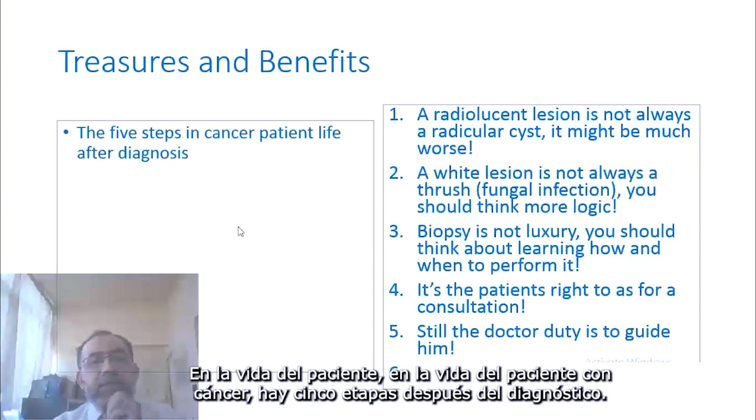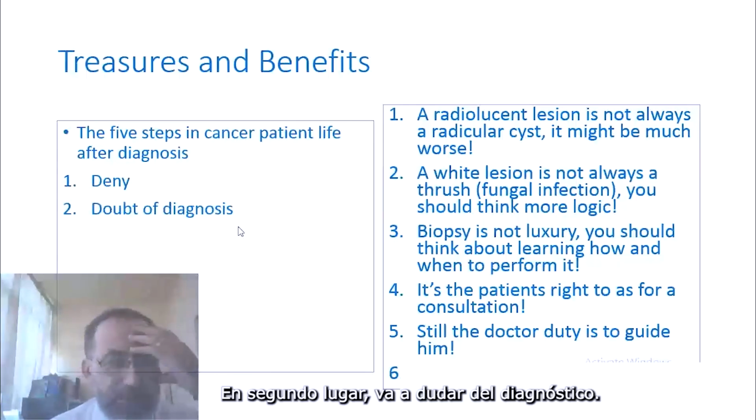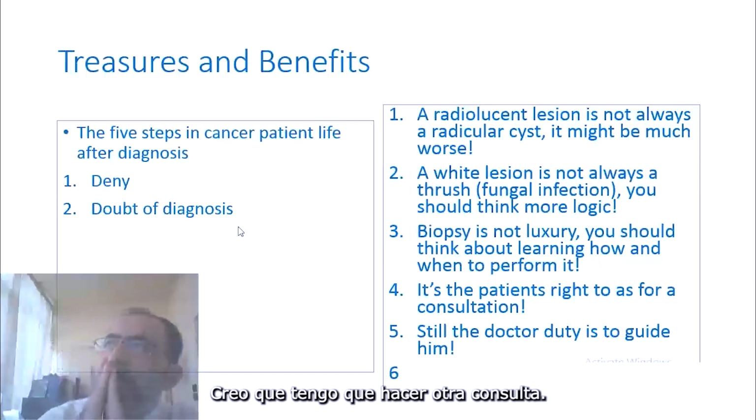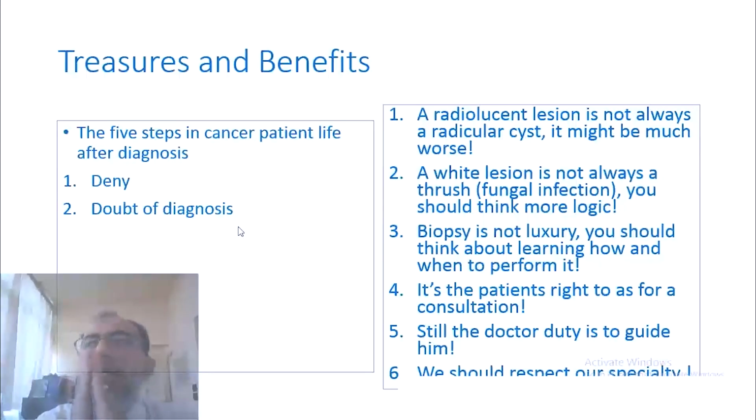In the patient life, the cancer patient life, there is 5 steps after diagnosis. First of all, he will deny, saying, no, I do not have cancer. Second, he's going to doubt of the diagnosis. It might be that this pathological report is wrong. I think I have to have another consultation. I should go to another pathologist.